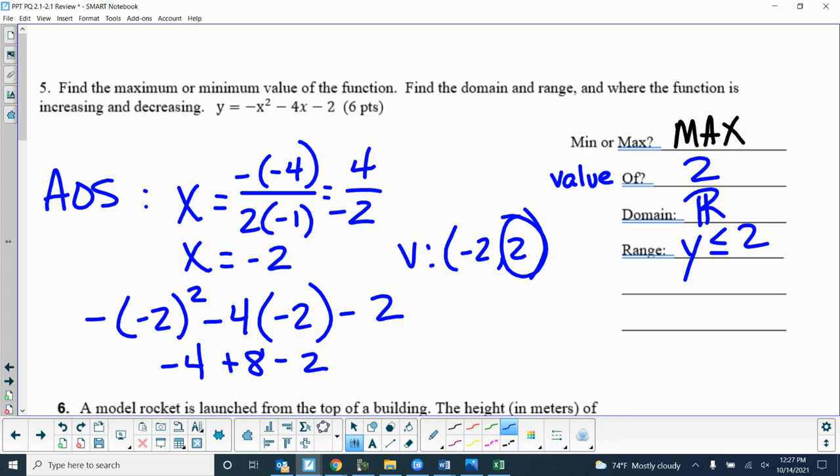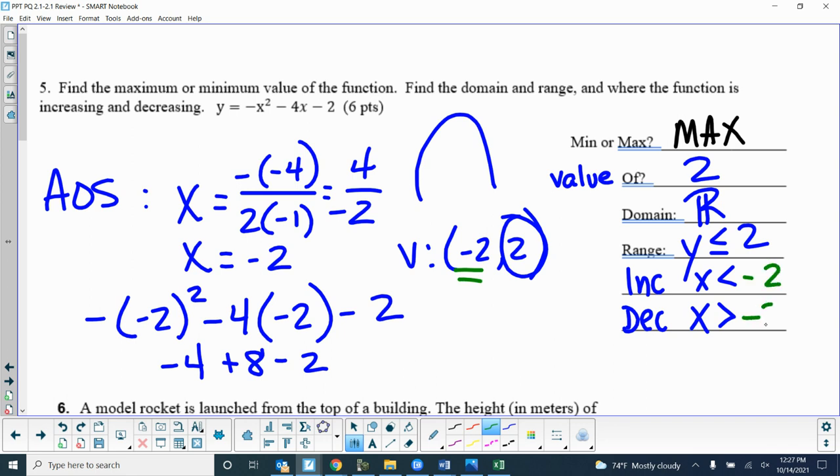Now, since it opens down, what's the increasing and decreasing? Is increasing less or greater than? Less. So decreasing is greater. What number? Negative 2.